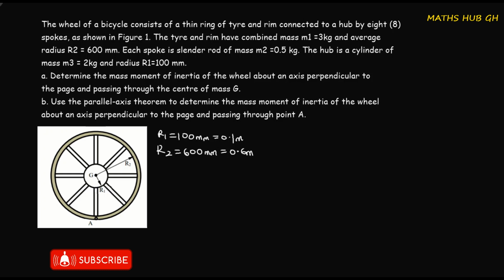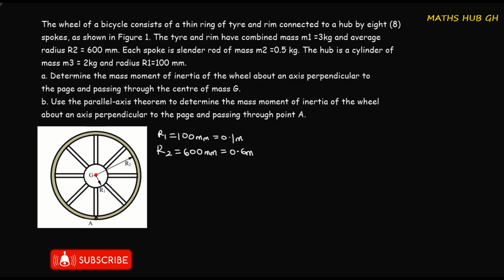First of all, you have to determine the mass moment of inertia of the wheel about an axis perpendicular to the page and passing through the center of mass G. So you are going to determine the mass moment of inertia about the axis which is perpendicular to the page and passing through this point G here.